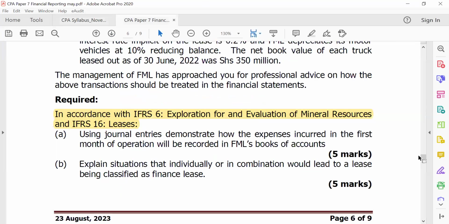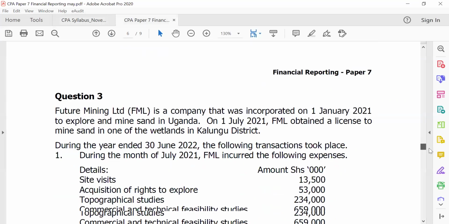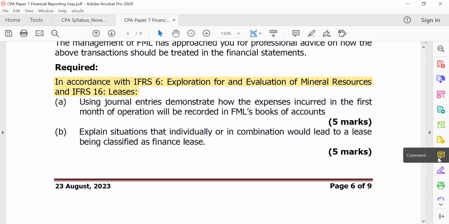Because as we saw in some of these questions, they give you information and then they want you to be able to apply the standard. So it's quite important to first have the general knowledge of the standard, and then get down to the application.